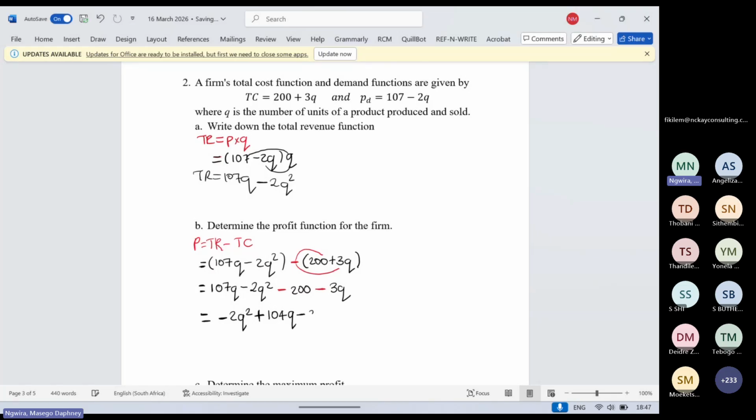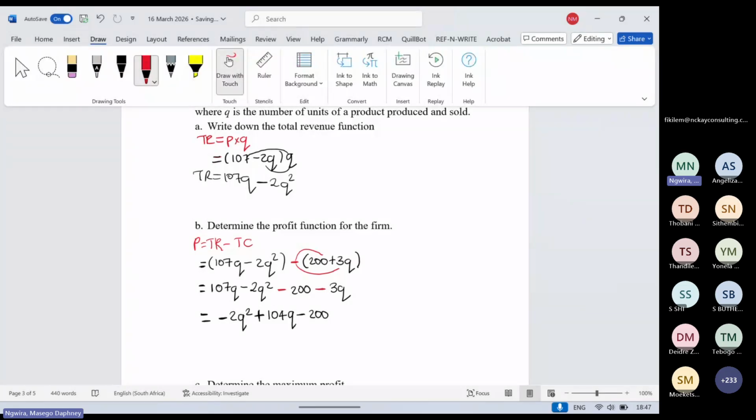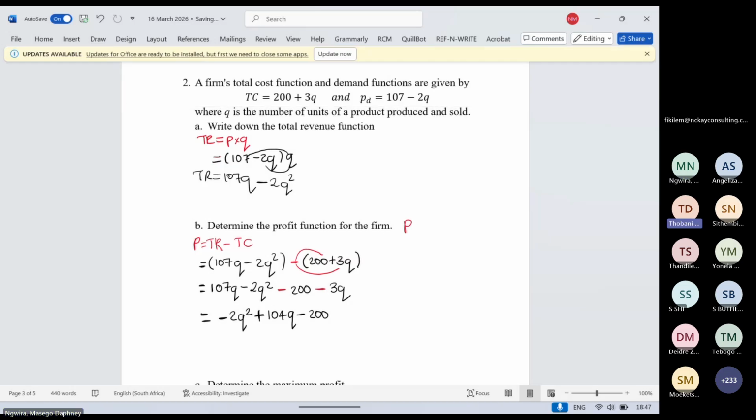Then this is just a negative 200. Someone will ask, why am I writing it this way? Remember, I said that the standard form for a profit function in quadratic is P equals AQ squared plus BQ and then plus C.